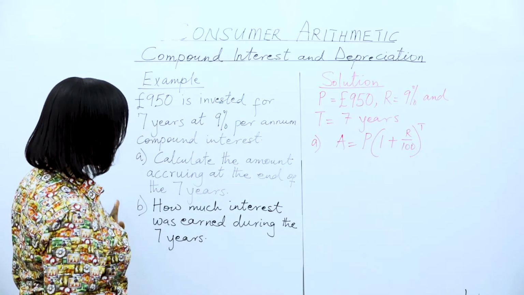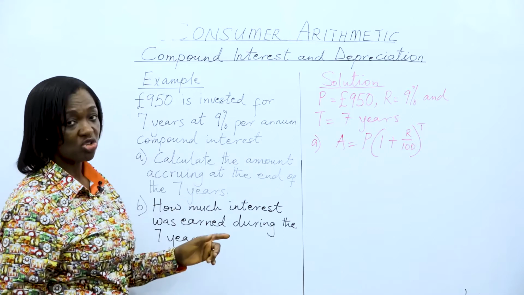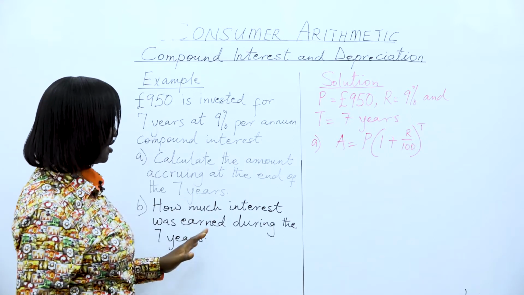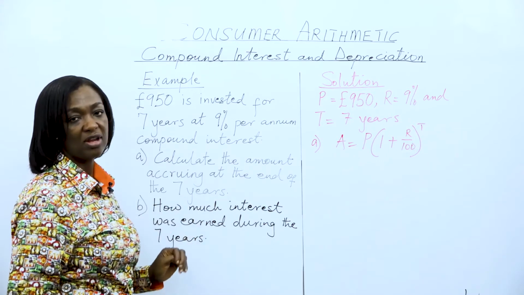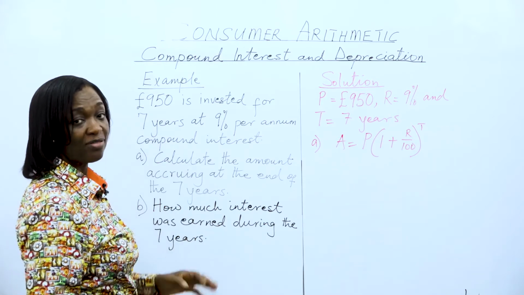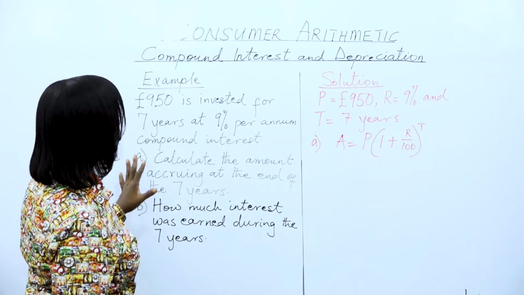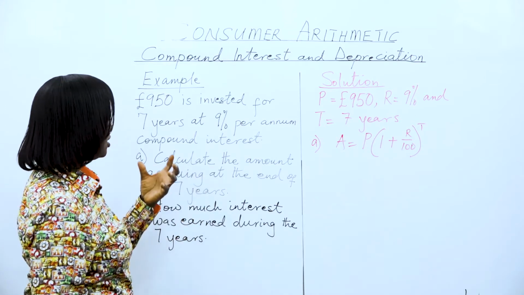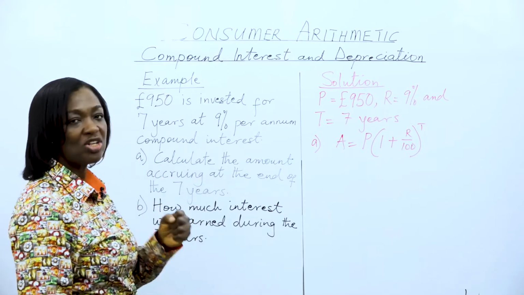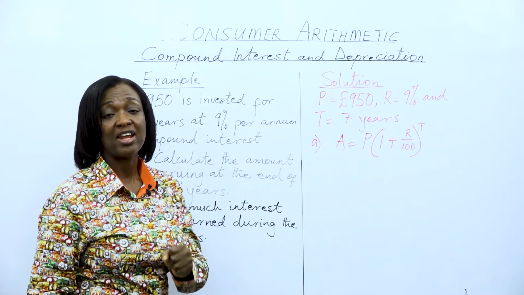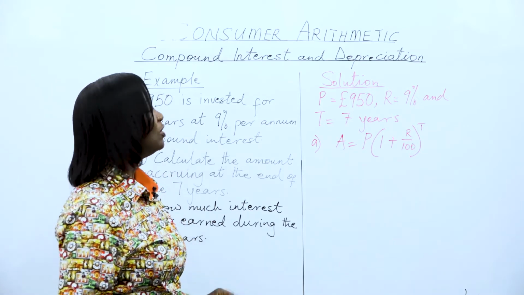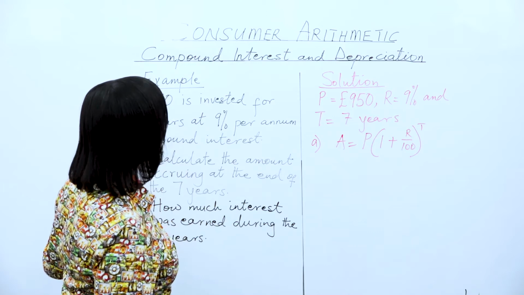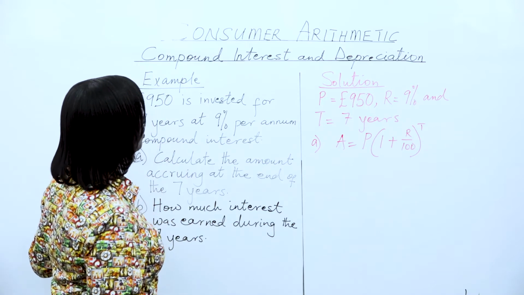And then, secondly, how much interest was earned during the 7 years. So we have two tasks here. We're supposed to calculate the amount at the end of 7 years and find how much of that amount was actually earned as interest.